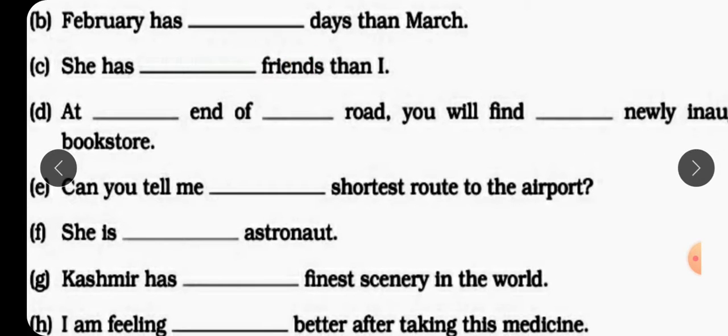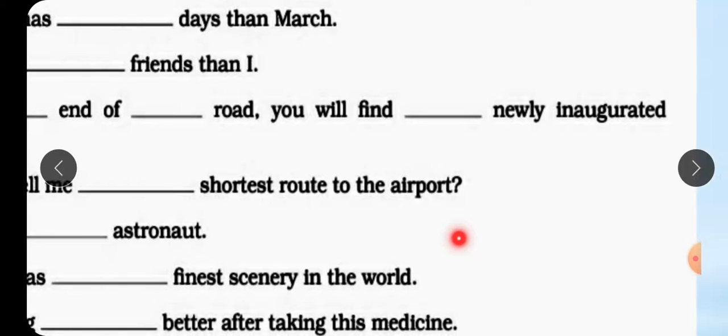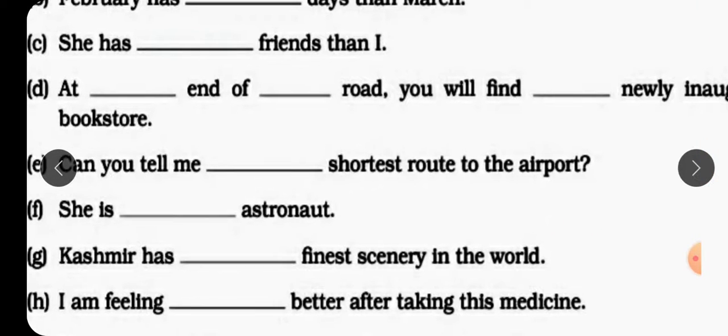Next one is at the end. Okay, at the end of the road, you will find a newly inaugurated bookstore. Next one is, can you tell me the shortest?